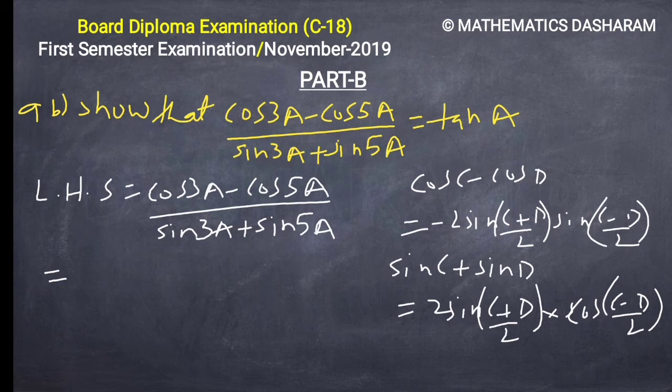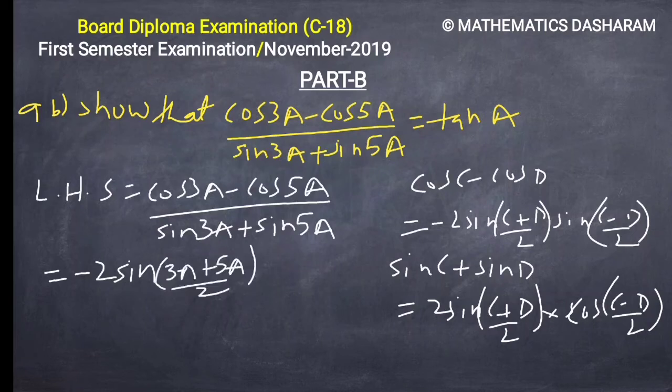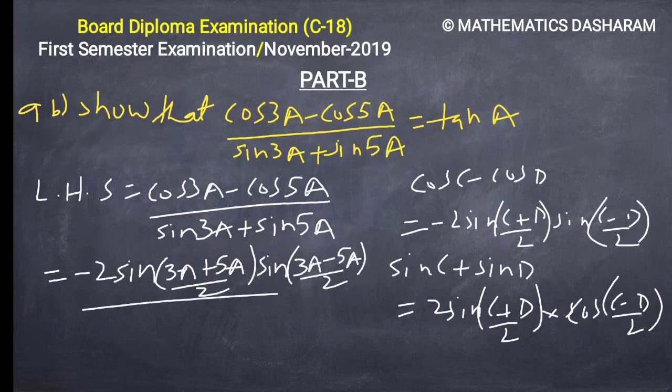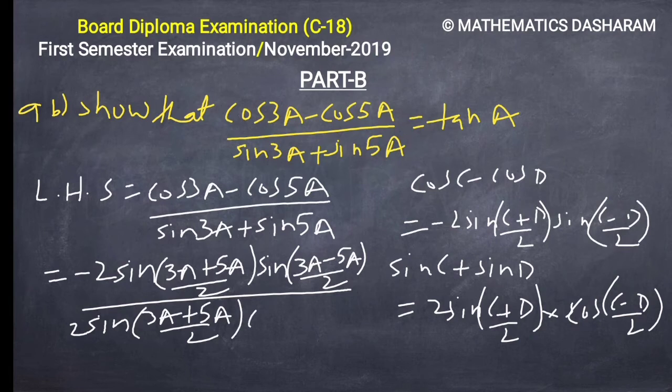So now for the numerator, minus 2 sin (3a plus 5a) by 2 into sin (3a minus 5a) by 2, divided by, for the denominator, sin c plus sin d formula, so that is 2 sin (3a plus 5a) by 2 into cos (3a minus 5a) by 2.